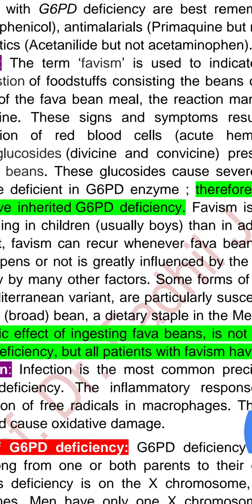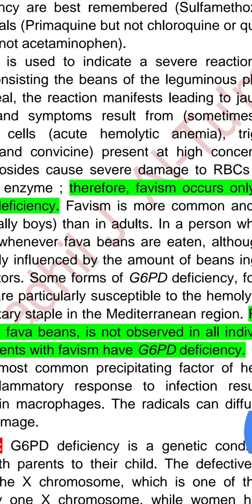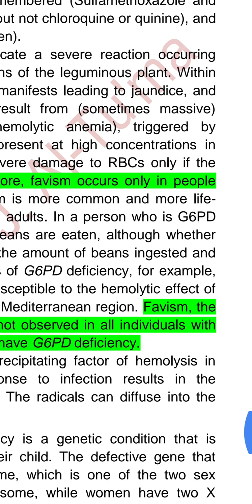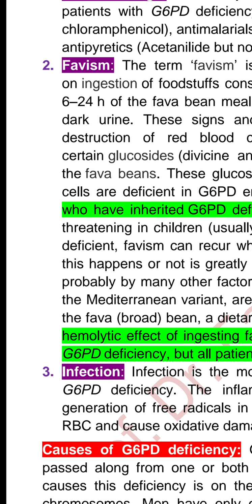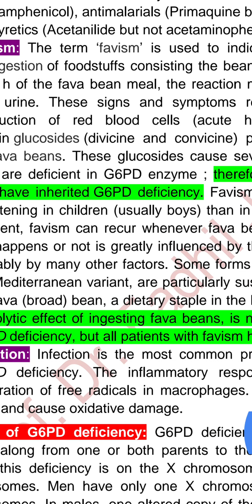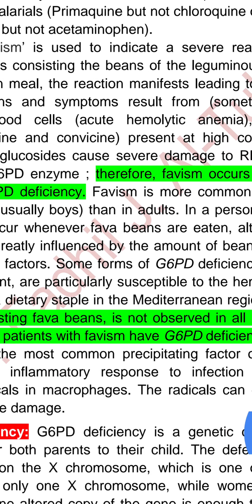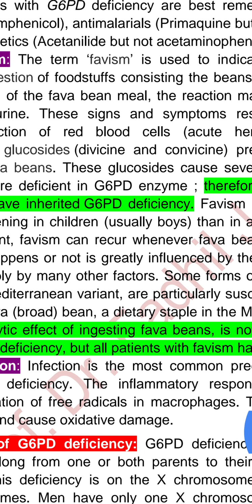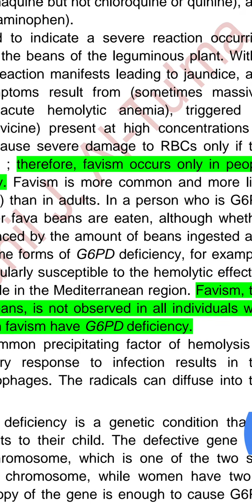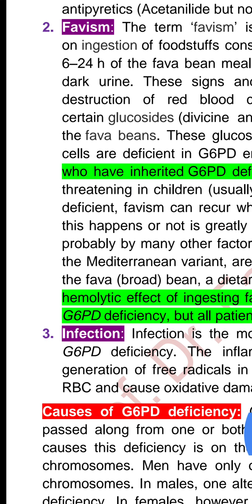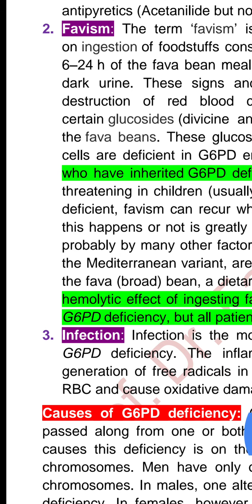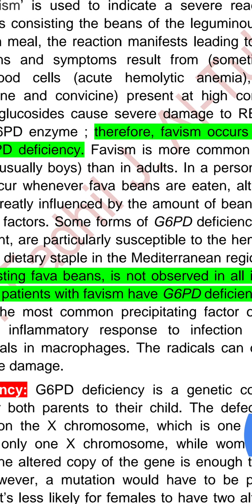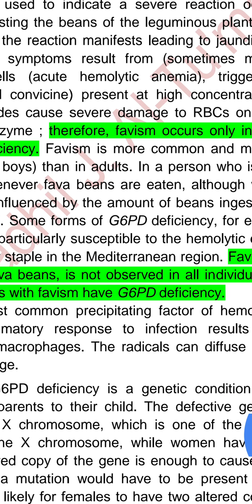These signs and symptoms result from sometimes massive destruction of RBC اللي نسميه acute hemolytic anemia, triggered certain glucoside, divicine and convicine present at high concentrations in the fava beans. بالباقلة these glucoside الموجودة cause severe damage.